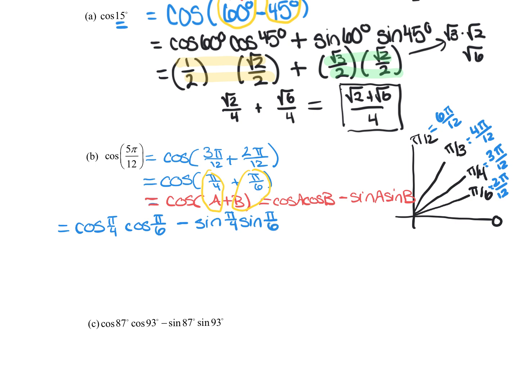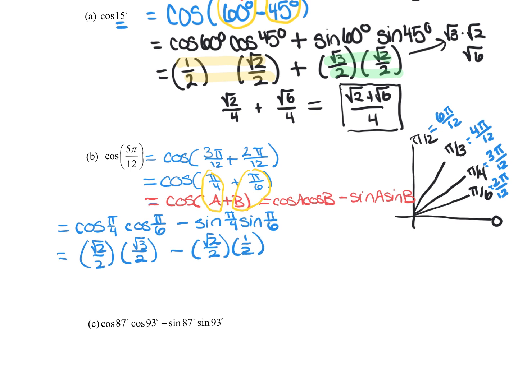And then you go through and actually do that and say, what is cosine of pi over 4? Cosine of pi over 4 is root 2 over 2. Cosine of pi over 6 is root 3 over 2 minus sine of pi over 4 is root 2 over 2. Sine of pi over 6 is 1/2.